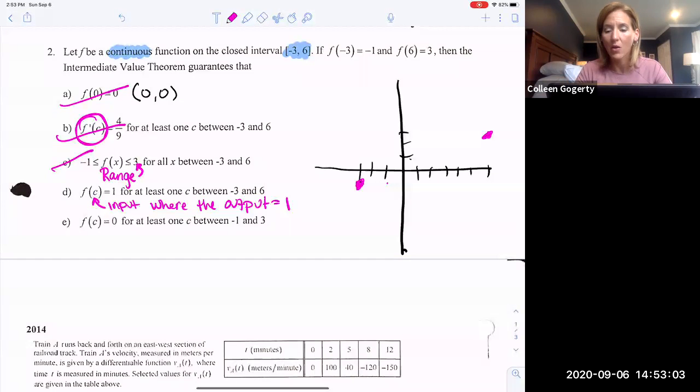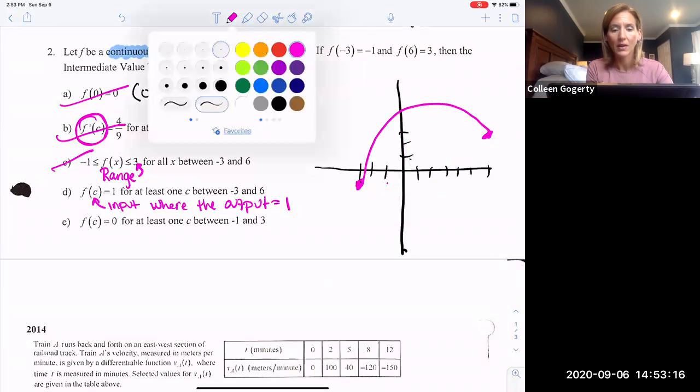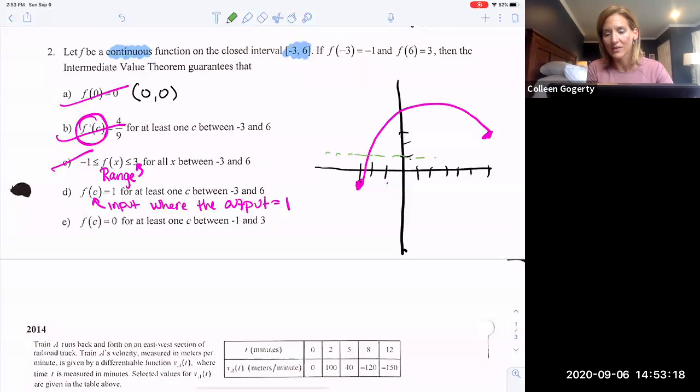No matter how we go about connecting these, whatever option I come up with, will I be guaranteed that at some point I have to have a value that is going to cross this green line at 1? Yes, there's my answer. It has to happen.